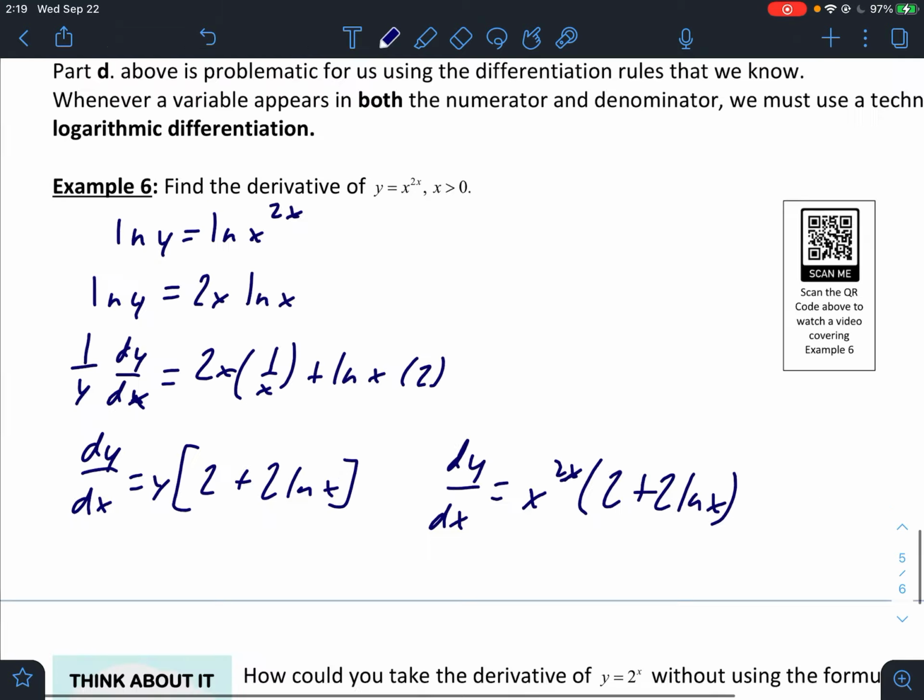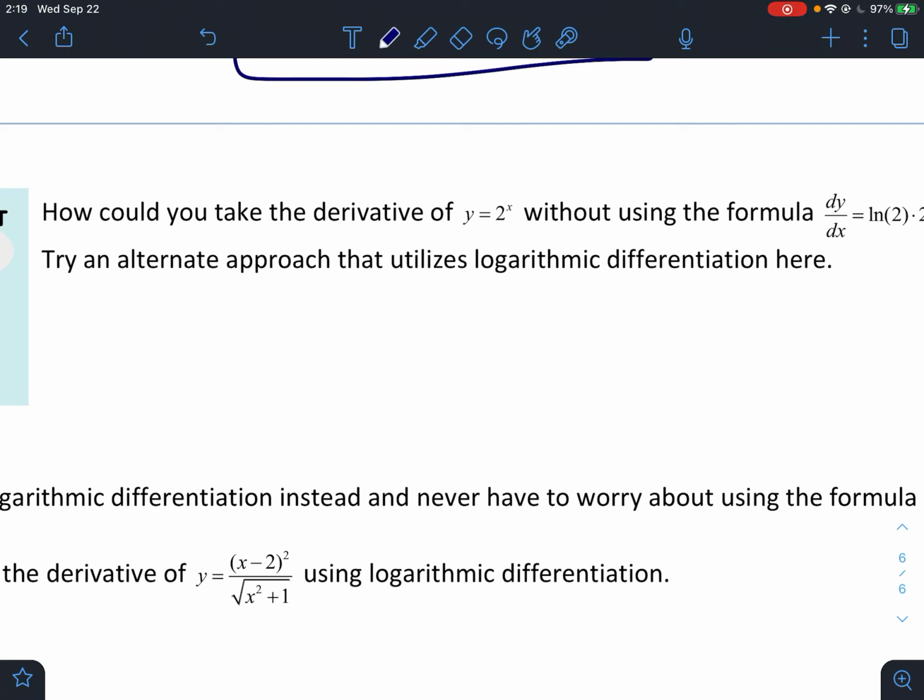So something to think about here. We already have learned how to take the derivative of y equals 2 to the x. But what if we didn't know that formula? Well, let's try taking the derivative the way we just learned, using logarithmic differentiation. So ln y equals ln 2 to the x, so ln y equals x ln 2. So that's 1 over y dy/dx.